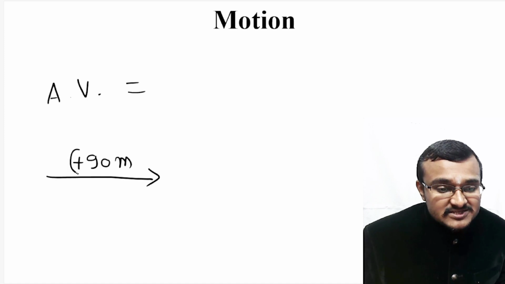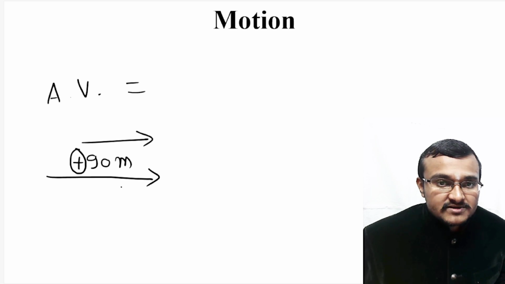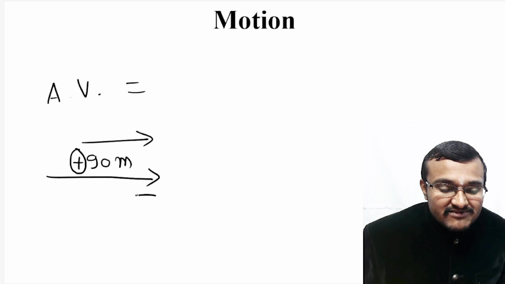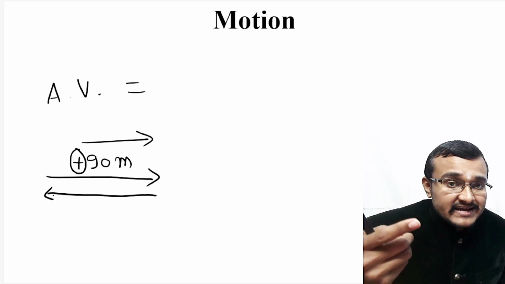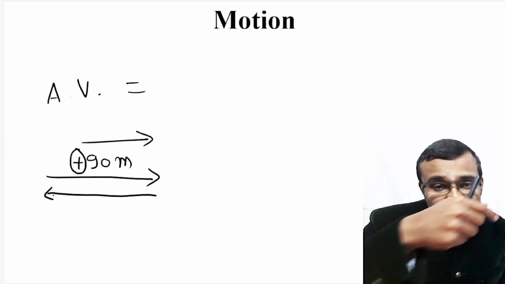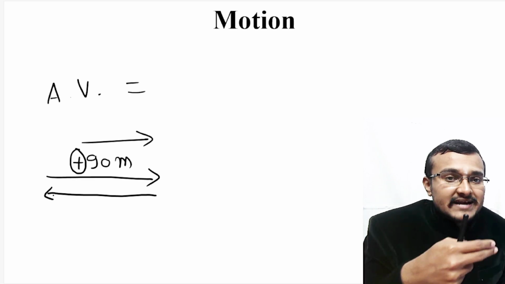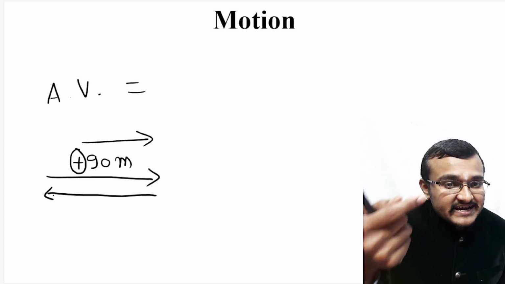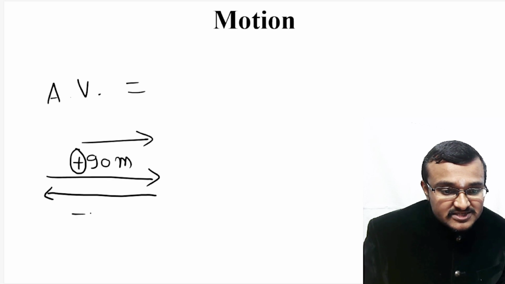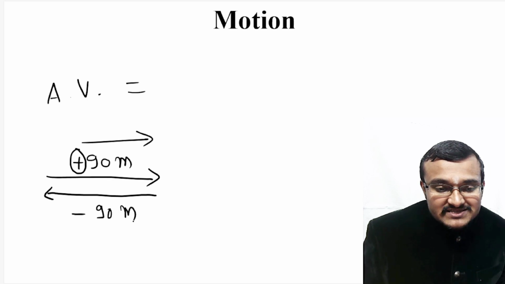This plus indicates forward motion. Now she travels the same path in the opposite direction to the initial direction. So the second time the direction is opposite to the initial direction, and that's why this displacement will be minus 90 meter.